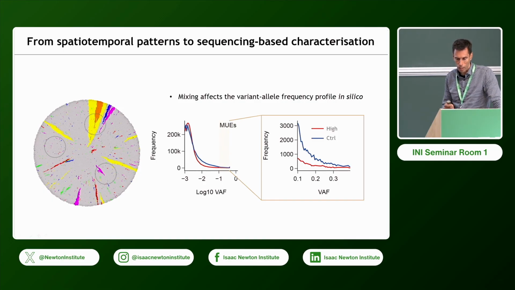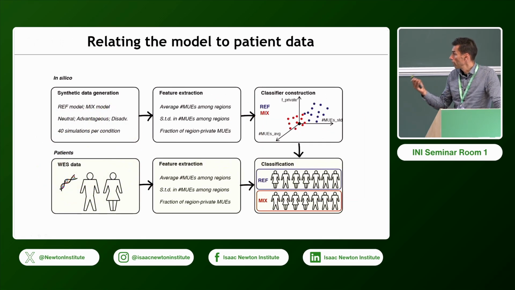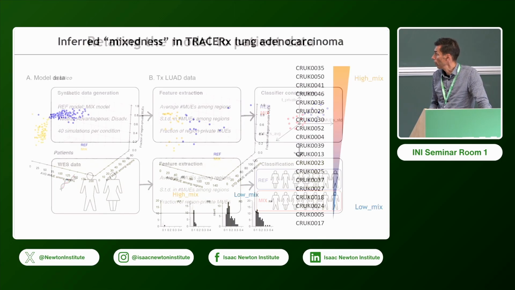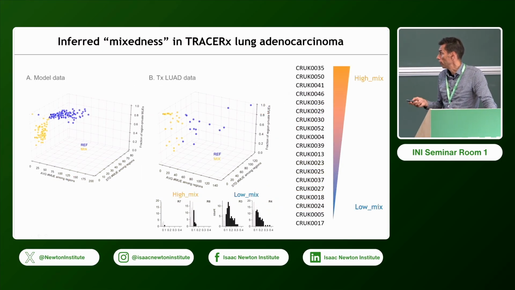So what was next done by Zhao was, using his in silico simulations, he trained a classifier to predict whether patients from the TracerX cohort might have highly mixed tumours or might have tumours that were more analogous to our reference context of being more epithelial. This is just to show that that endeavour was fairly successful.